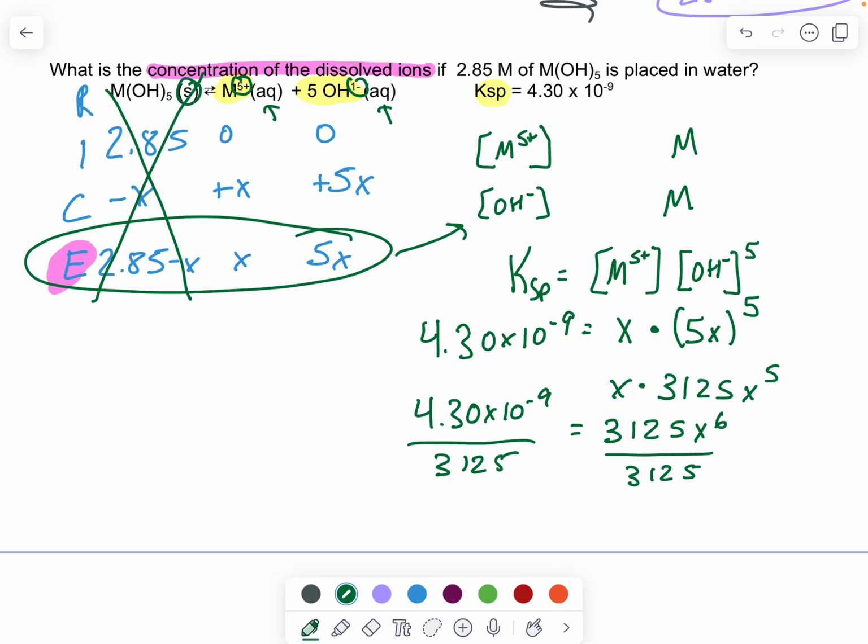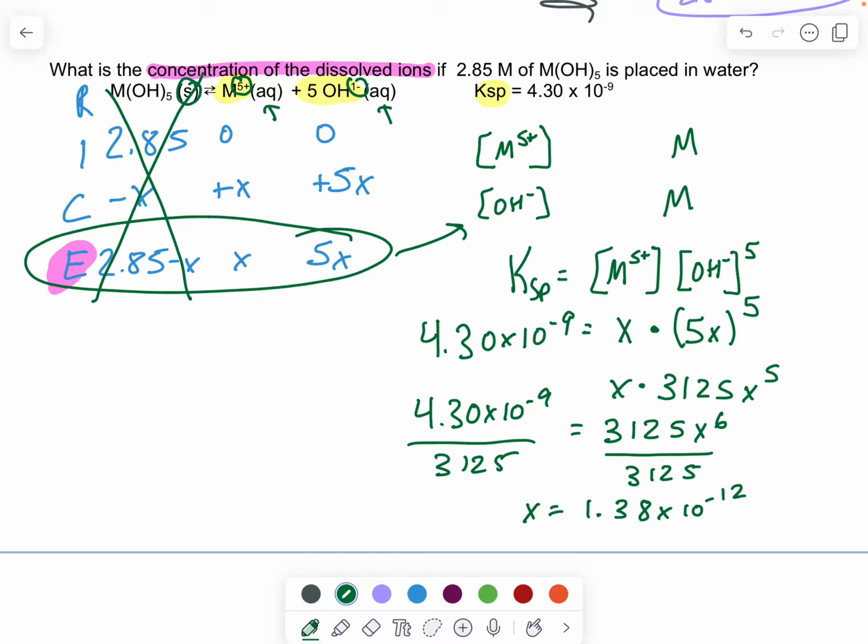Calculators and I are friends, we all know that. Oh geez, that is a very small number. So x equals 1.38 times 10 to the negative 12. Remember that E is just times 10 to the.